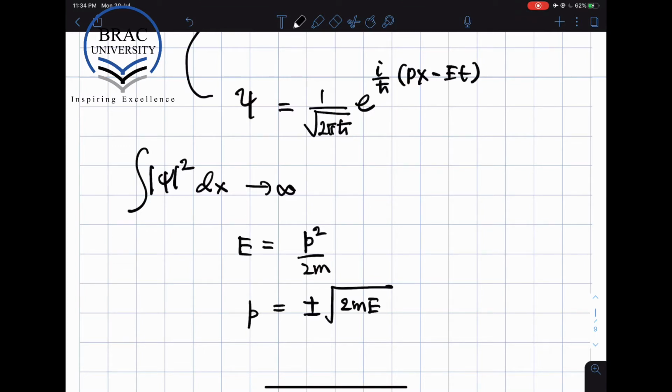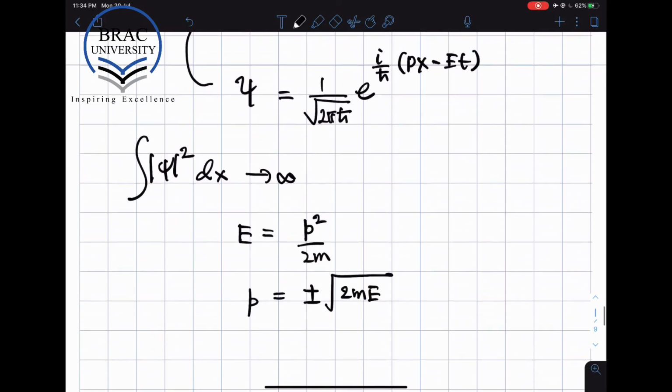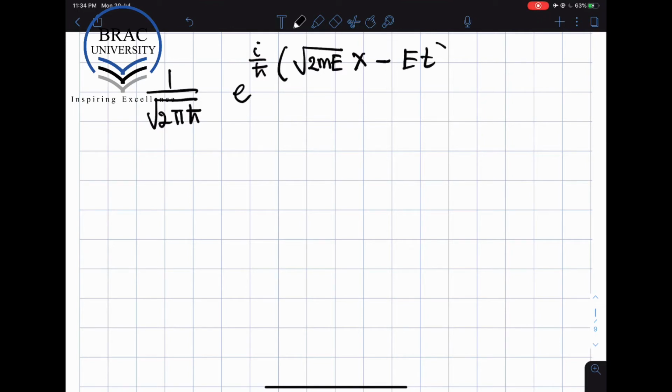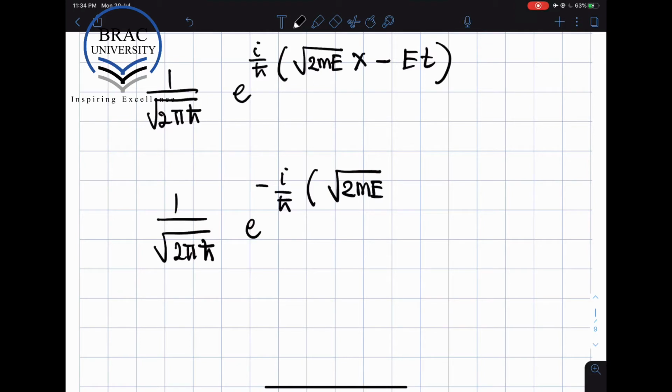Solving this, we see that the energy is positive, but the momentum can be either positive or negative. So we have qualitatively two different kinds of solution for the free particle. One of the solutions will be 1 over square root of 2 pi h bar e to the power i by h bar (square root of 2mE x minus Et), where the square root is a positive number, and the other one will be 1 over square root of 2 pi h bar e to the power minus i by h bar (square root of 2mE x plus Et).